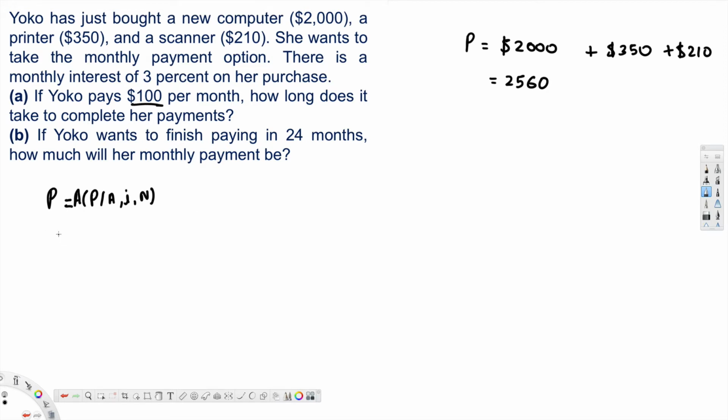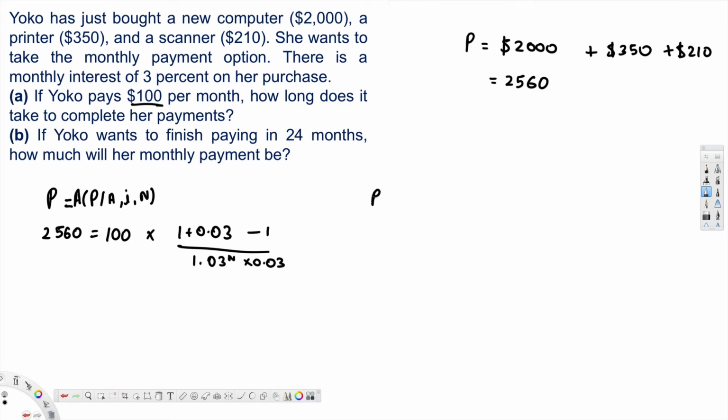Now let's go ahead and plug it into this equation. This is 2,560 is equal to A, that is 100, and instead of this P over A, i, n, we can use another formula, that is (1 plus 0.03, because 3% interest) to the power n minus 1, over 1.03 to the power n times 0.03.